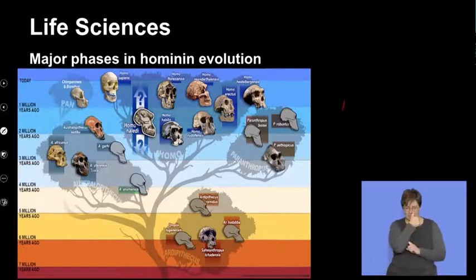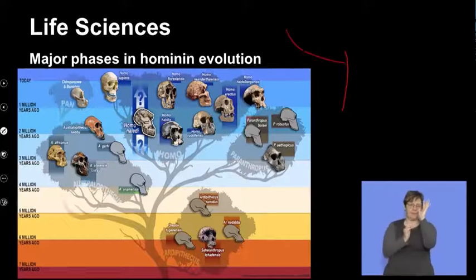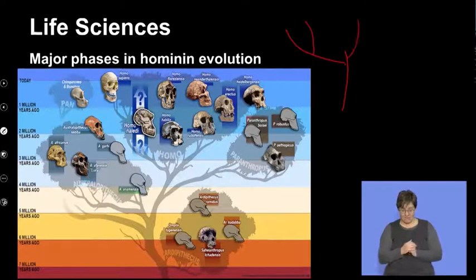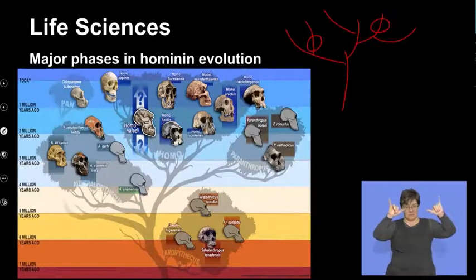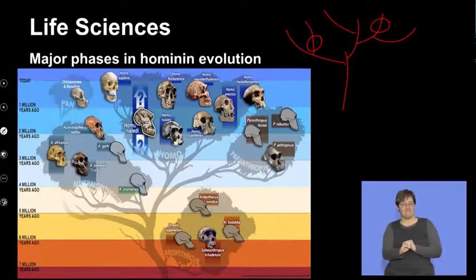A tree has a tree trunk that the whole tree has in common. And then all these branches branch off of it. This branch might not have anything to do with that branch, yet it's all part of this tree. They all play a role, but they might have different roles.